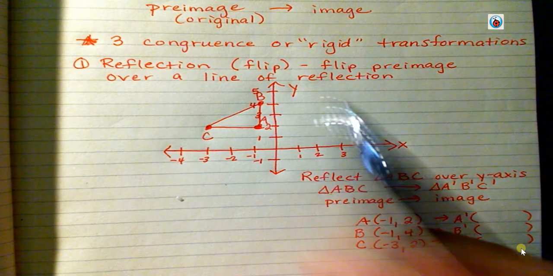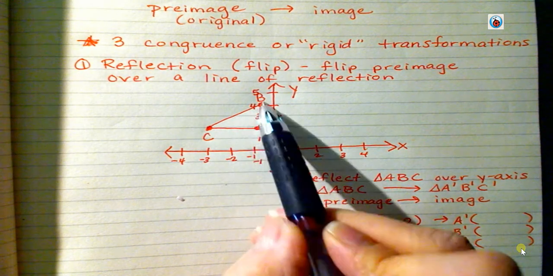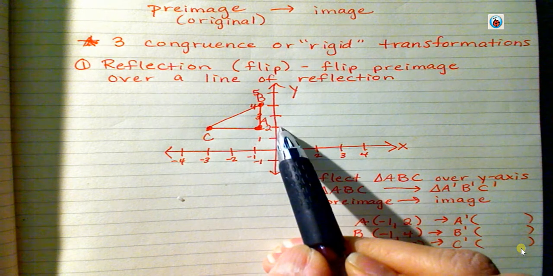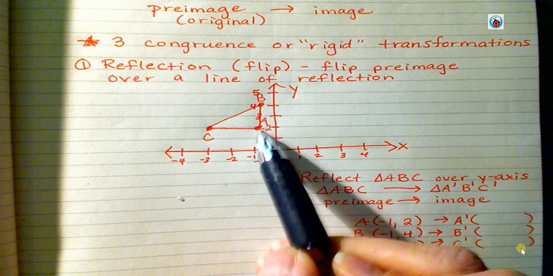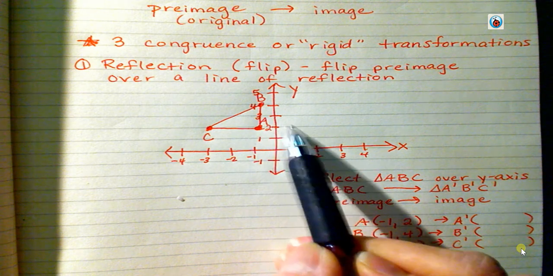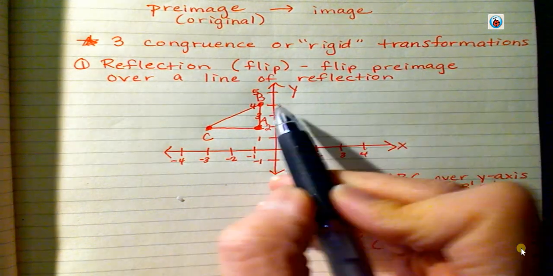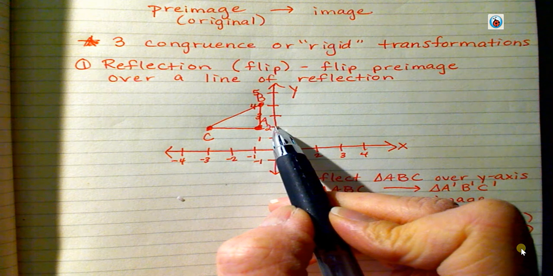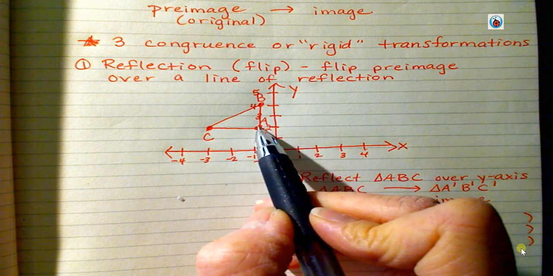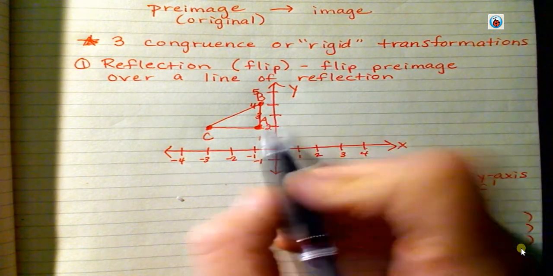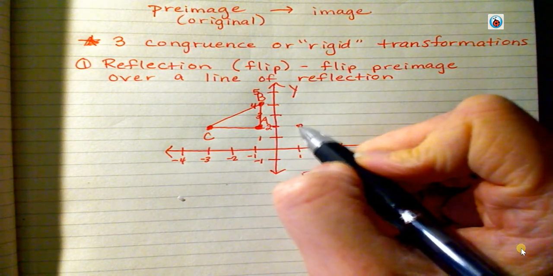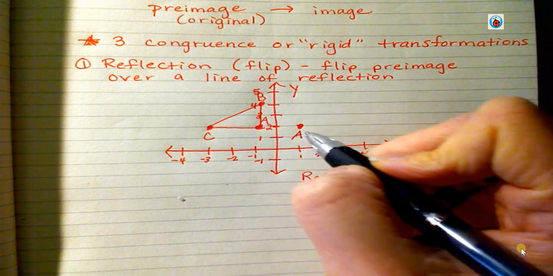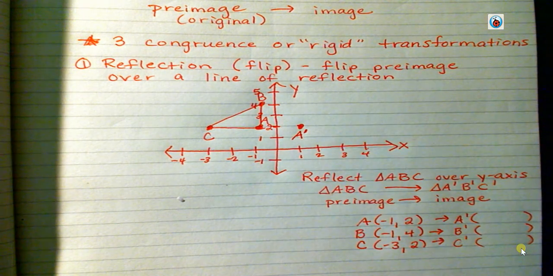Every single vertex for this polygon is a certain distance to the left of the y-axis. When we flip it, all of those points become a certain distance to the right of the y-axis. So I look at point A and I say it is 1 unit to the left of the y-axis. I'm going to keep level with where point A is, but go 1 unit to the right of the y-axis and label my new point A, which we call A prime. It's not the same point A, it's our new point A.